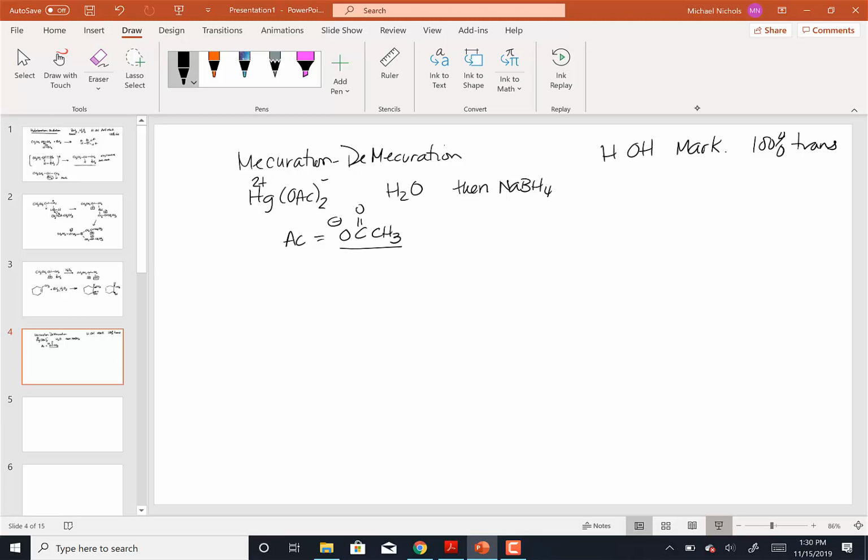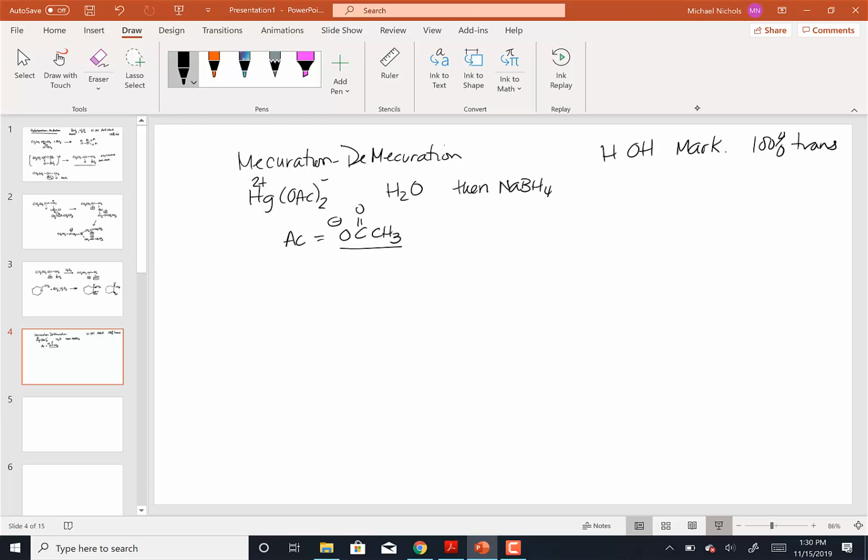So how do we rationalize this? Number one, the 100% trans is kind of good because it gives us the ability to add H and OH trans. I know how to add H and OH cis. And from water and H plus last time, I know how to add H and OH 50-50. So we have different ways to add HOH to the double bond.